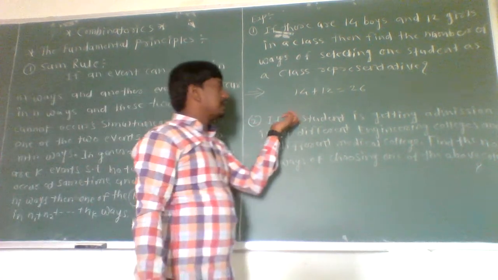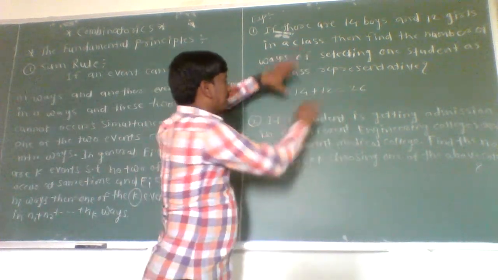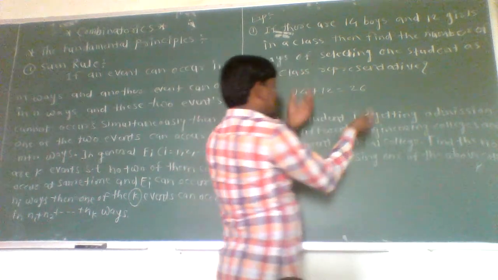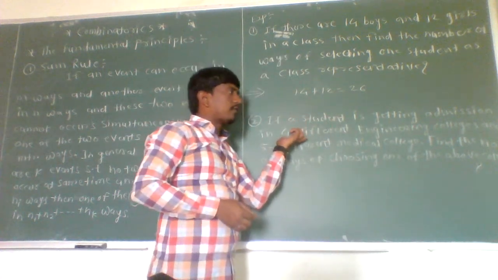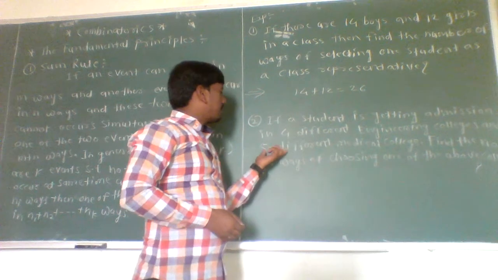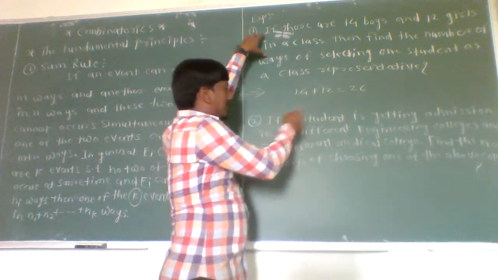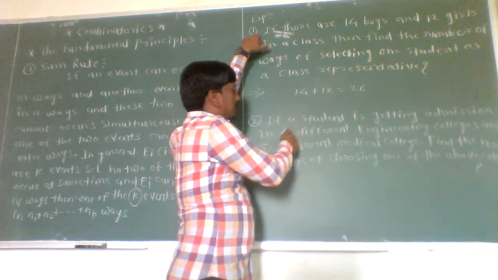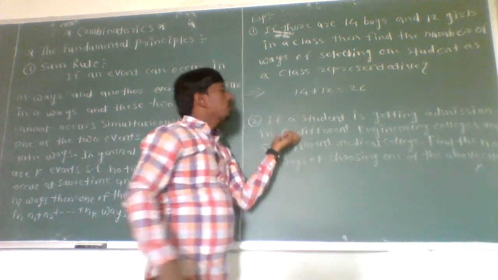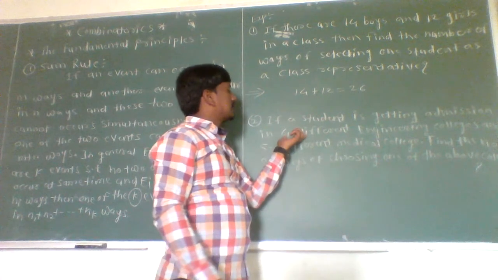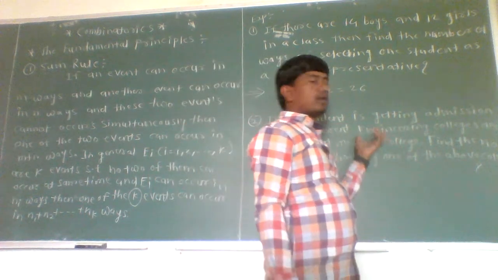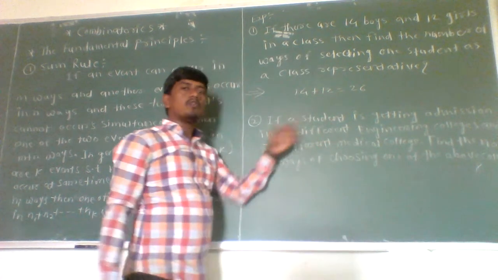Here, if we take A as a student, then A can take admission in any one of these four different engineering colleges or any one of these five medical colleges. A student can't take admission in two colleges, whether two engineering colleges, one engineering and one medical, or two medical colleges.